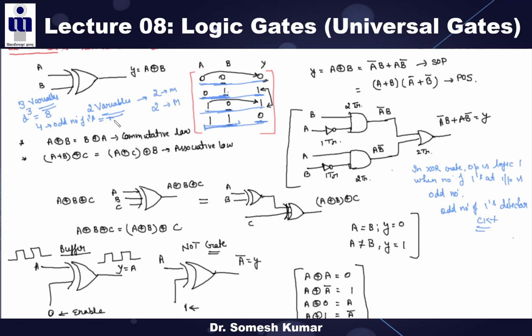Those are your min terms, right? And 4 rows have an even number of ones, right? Those are your max terms, right? So similarly for 6 variables and so on. So can I say for n-variable XOR, how many min terms? 2 to the power n minus 1, right? And how many max terms? Similarly 2 to the power n minus 1.